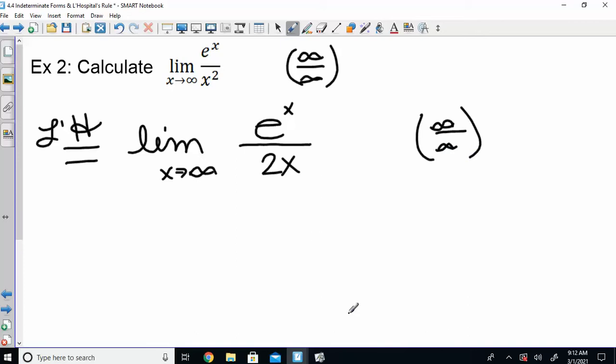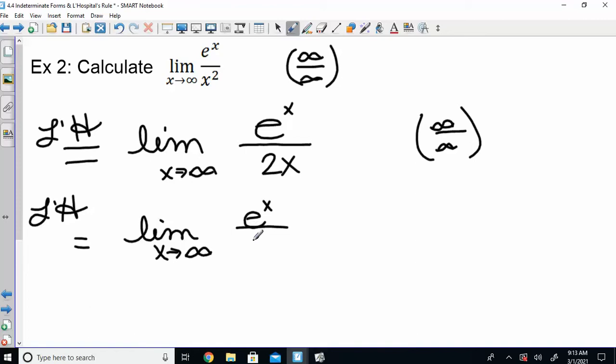Alright, so my problem hasn't gone away, but we can do L'Hopital's more than once. It's still infinity over infinity, which is that indeterminate form. So that tells me we're still going to try L'Hopital's. Okay. The derivative of e to the x is e to the x.